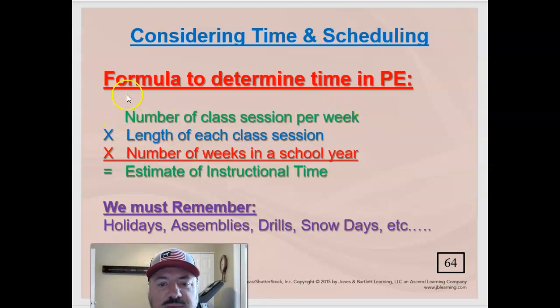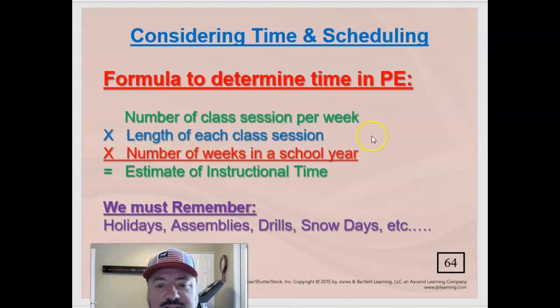So here's your basic formula to determine time in PE. You take your number of class sessions per week. Is that 1? Is it alternating? So you might have to do some division if you meet every third day. Is it 2 days? Is it 2.5 days? You meet every other day and it just continues to rotate? Or is it 5 days per week for the semester?